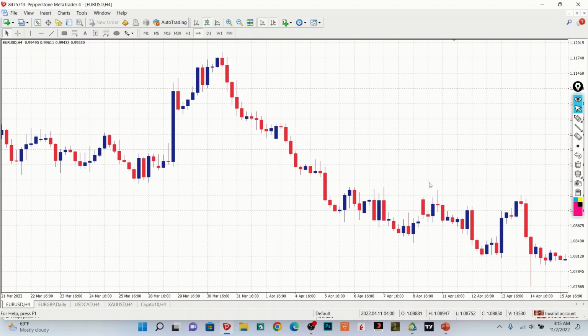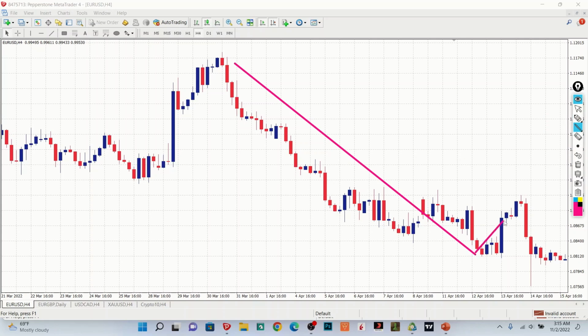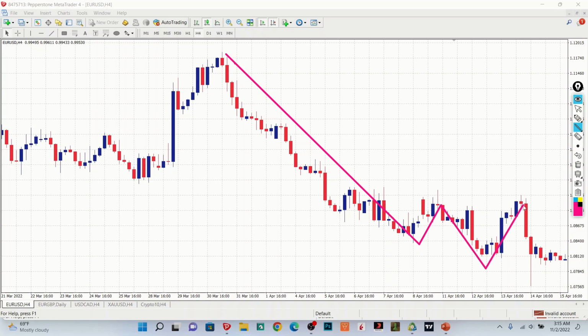For example, right here we have a clear downtrend. Then from there the market retraced to this level. There, here, there, here, then that level.